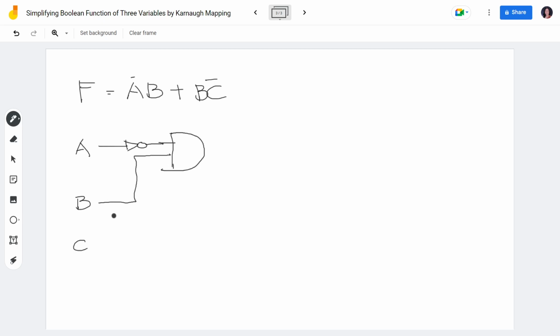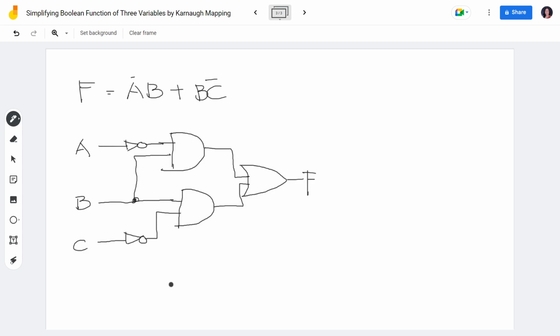Okay, next is we have B, and then not C. Okay, and then so this is our circuit for our example by using simplification by Carnot mapping.